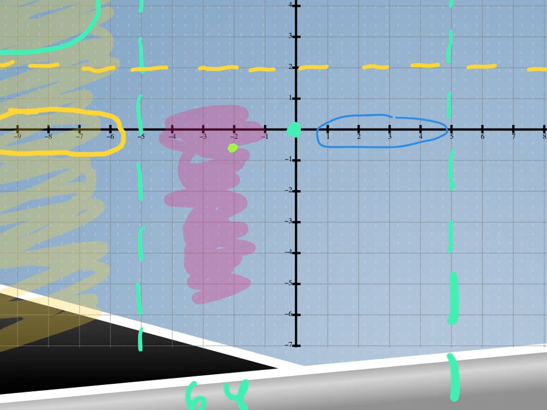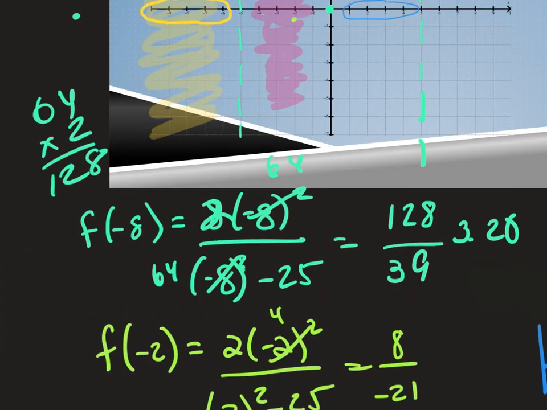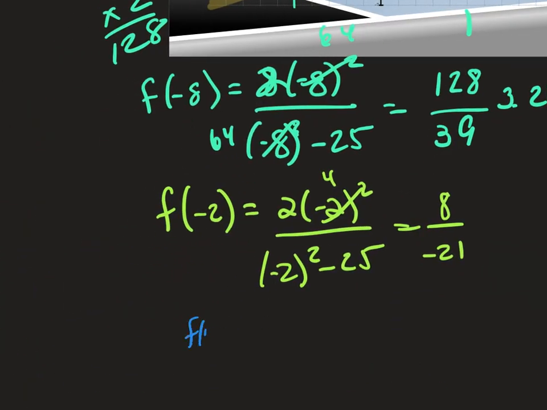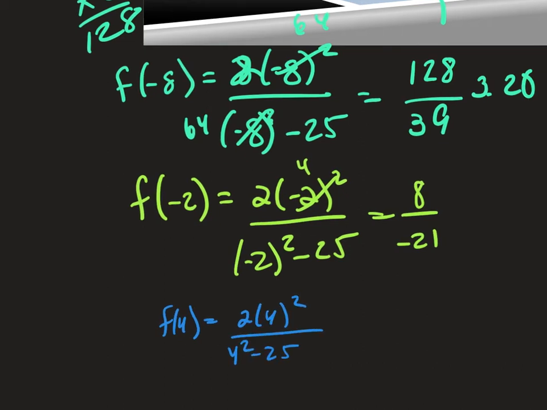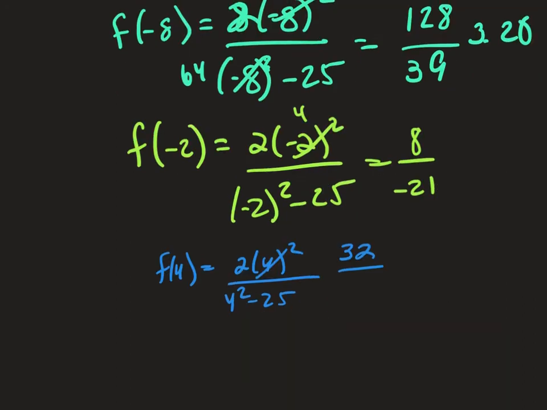4. Okay, pick 4. Try 4. 16 times 2 is 32 over 16 minus 25.